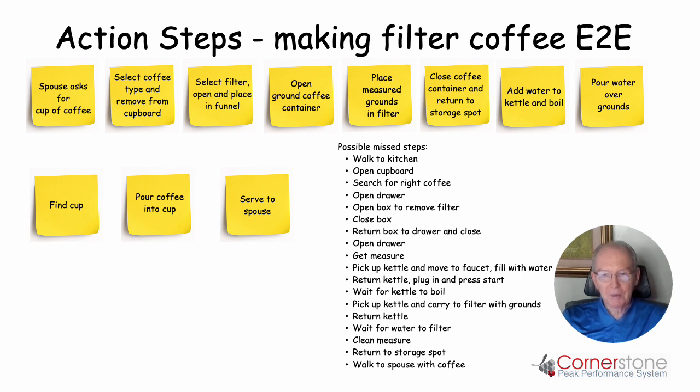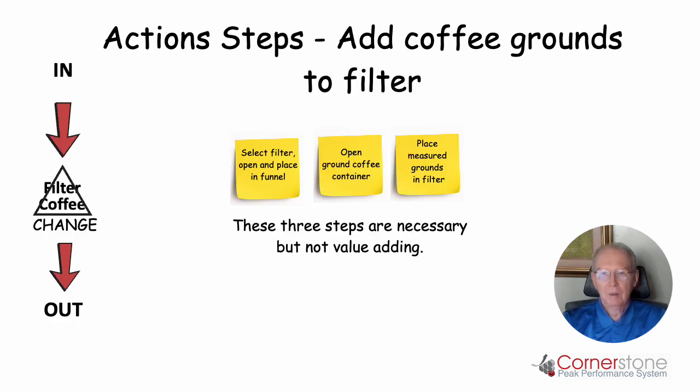And then you might pick up the kettle, carry it to the filter, return the kettle, wait for the water to move through the filter, clean the measuring spoon that you use, return it to its storage spot, and then finally you're going to walk to give your spouse the coffee. So there's a delivery aspect to it. And there are probably 100 more little steps that you could observe in the making of filtered coffee.